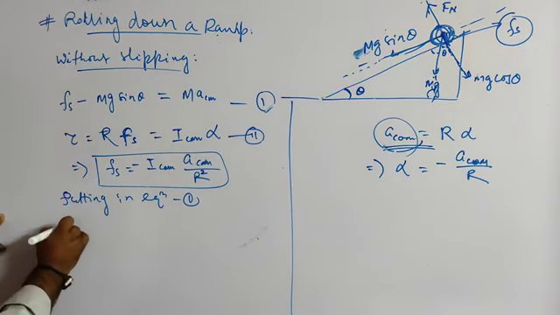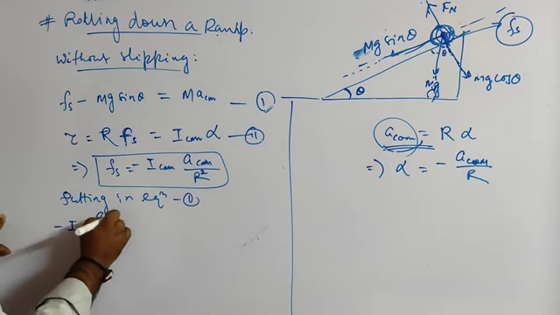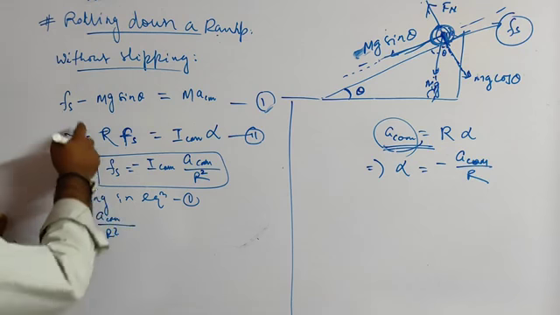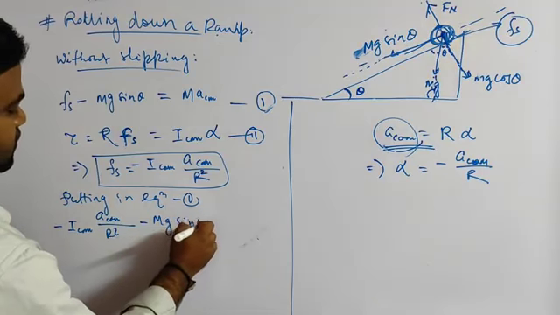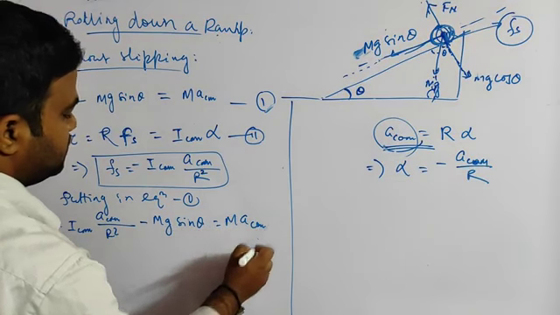You will get minus I center of mass, a center of mass by r square, minus mg sin theta is equal to m a center of mass.